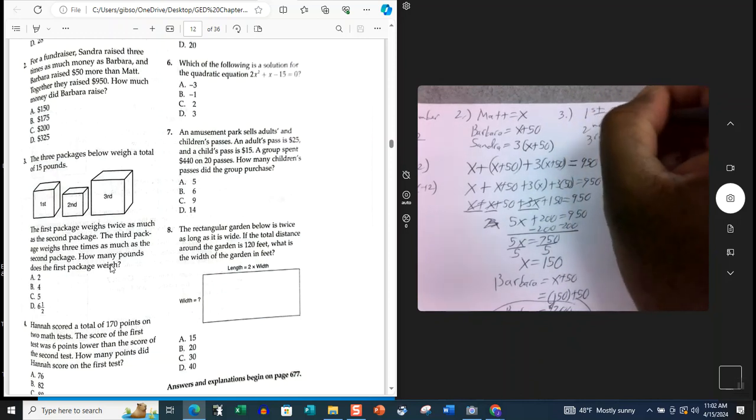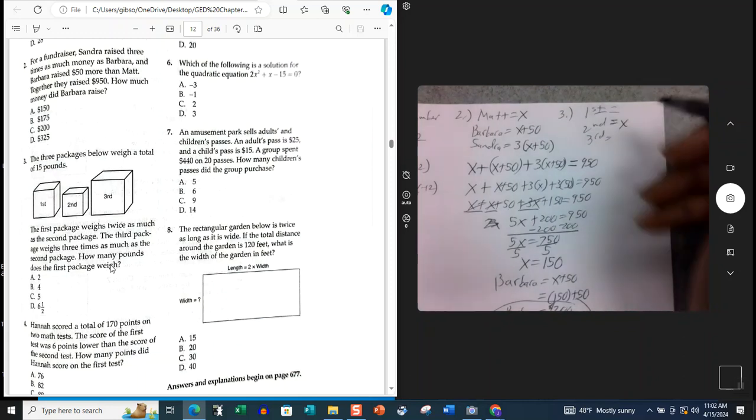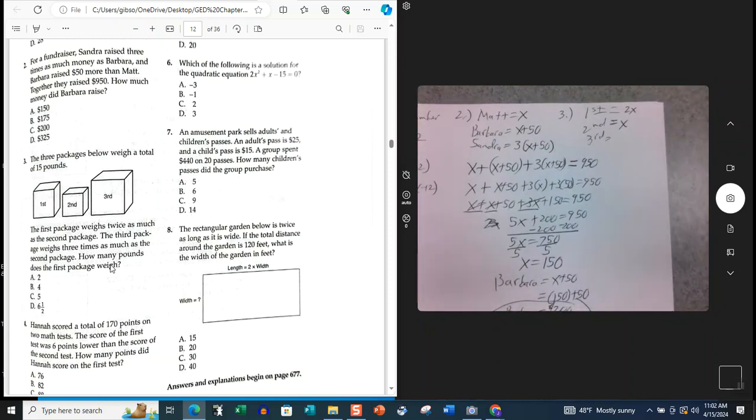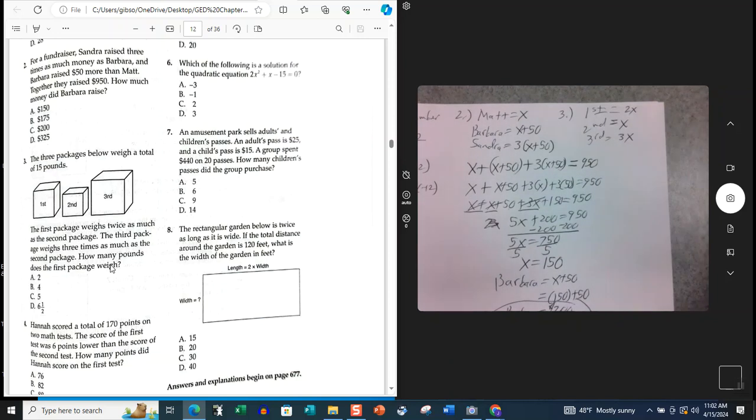So the second package would be X because everything revolves around the second package. So it tells us the first package weighs twice as much as the second package. So that'll be 2X. And then it tells us the third package weighs 3 times as much as the second package. So that'll be 3X. Now we want to know how many pounds the first package weighs.